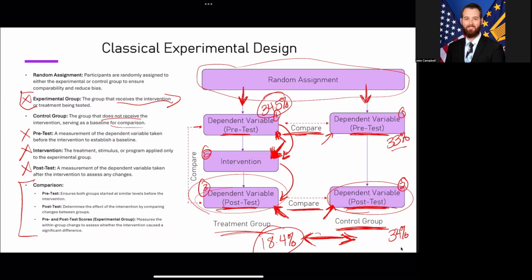And we can see this comparison highlighted here, where we're looking at the difference between the pre-test and the post-test values for the experimental group. And we believe that in this scenario, the intervention itself probably resulted in this drop from 34.5 to 18.4. Exposing them to information about how much the government spends on defense resulted in a big drastic shift that we didn't experience or observe in the control group, which leads us to believe that that intervention caused that change.